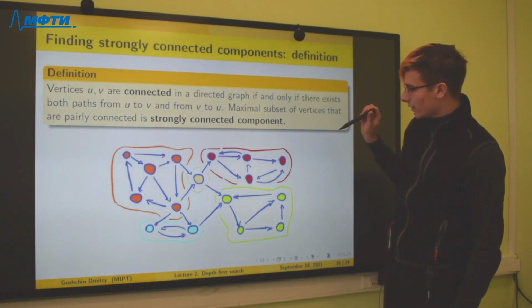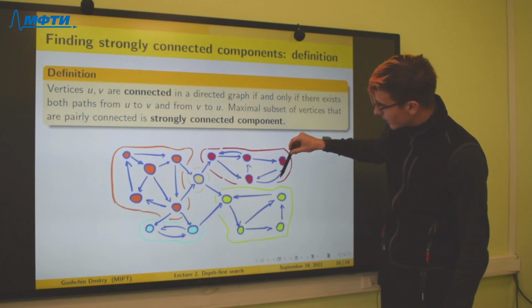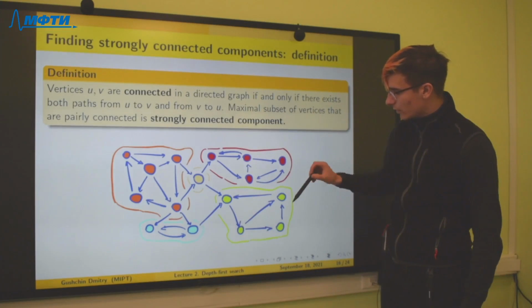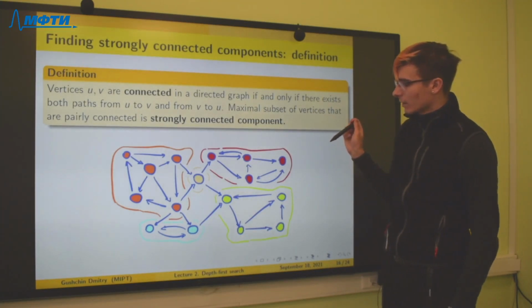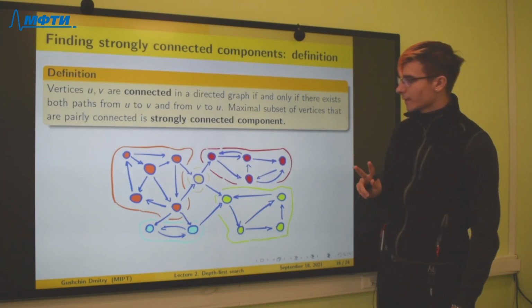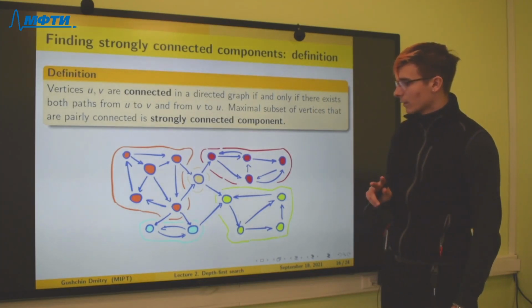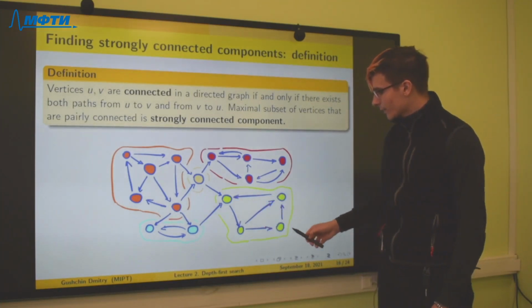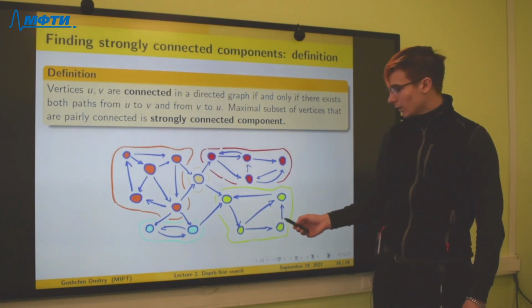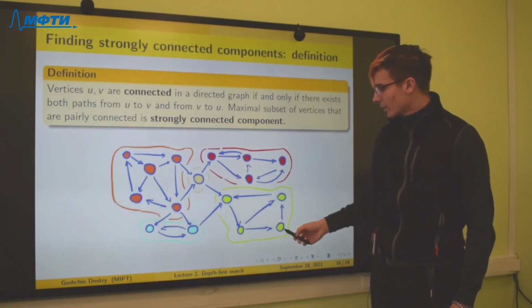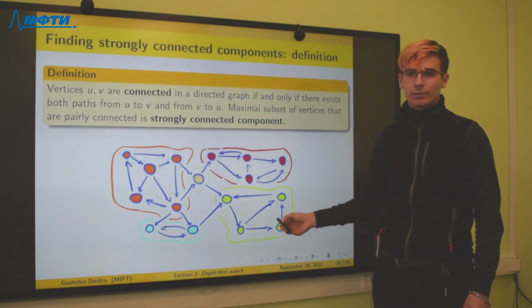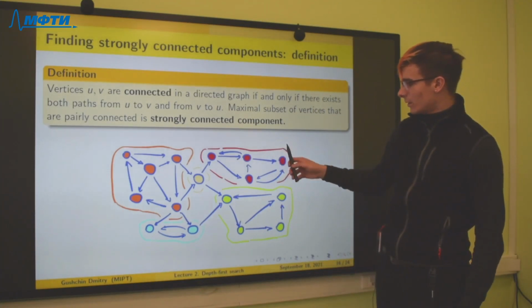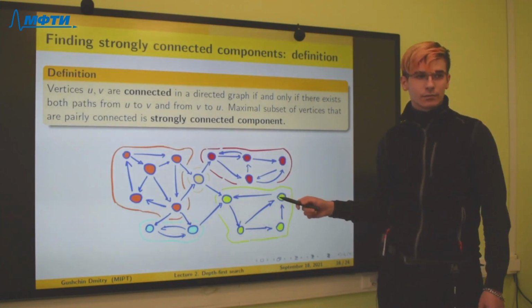So we can say that this is a strongly connected component, and this is another strongly connected component, if two conditions are met. The first condition is that two vertices in a connected component have two paths, from A to B and from B to A. And the second is what I said about vertices from different components.